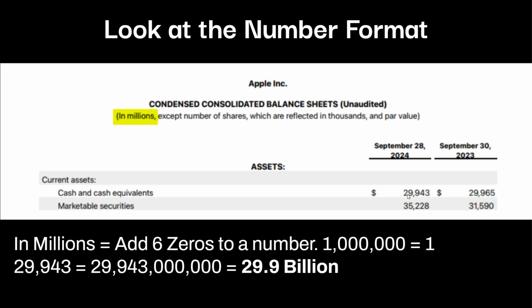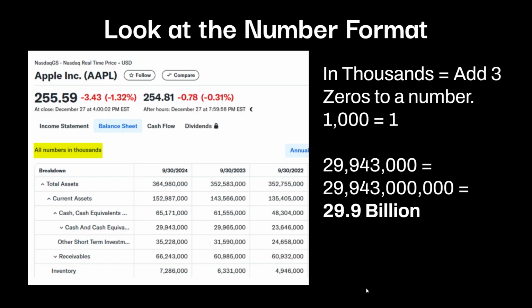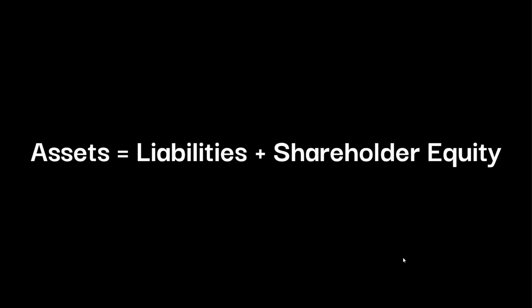So if we look over here, it says 29,943. You take that number, you add 6 zeros to it. That is 29.9 billion. And then we go over here to Yahoo, and it says all numbers in thousands. Now, thousands, you add 3 zeros to a number. So 1,000 equals 1. And again, 29,943,000, just add 3 zeros to it, 29.9 billion.